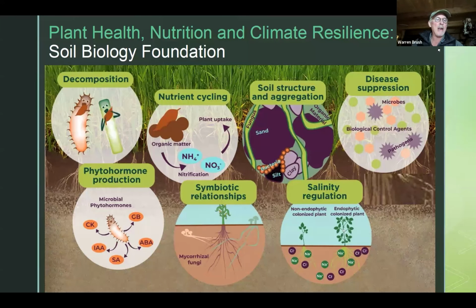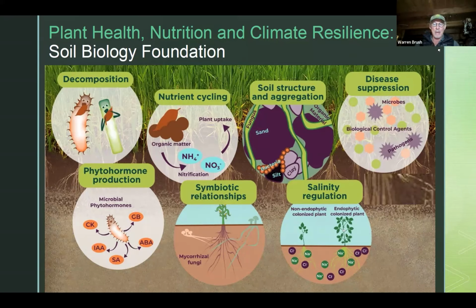My hope is that by the end of this presentation, you'll have a good understanding of not only what the outcomes of a good soil biological system are, but also how to get there. How do you develop it? And then how do you monitor it, which is what David Kalama will bring into it.